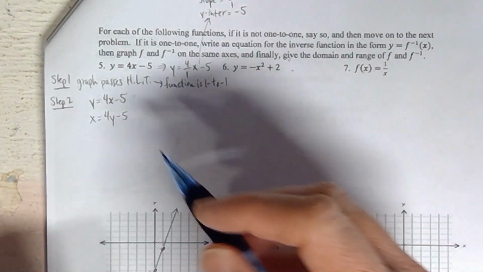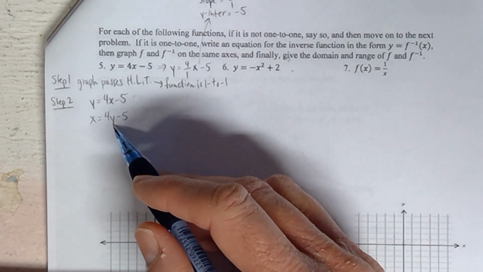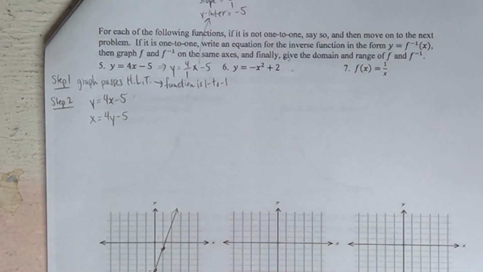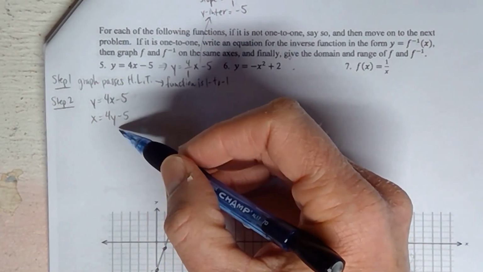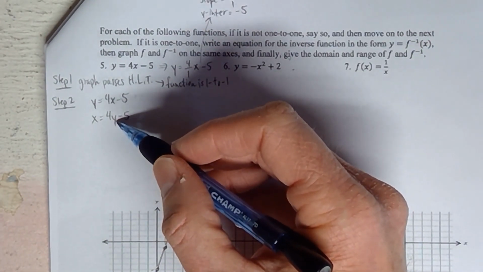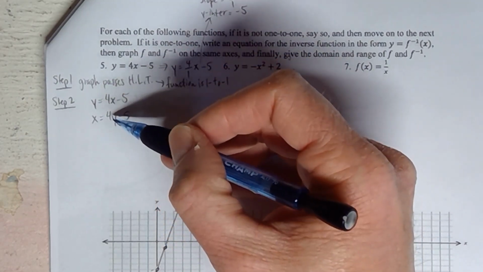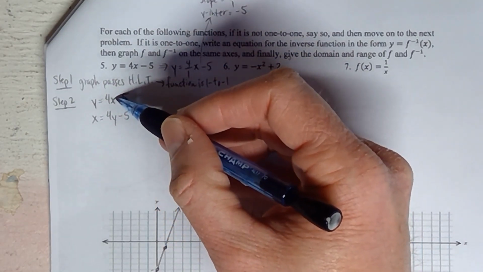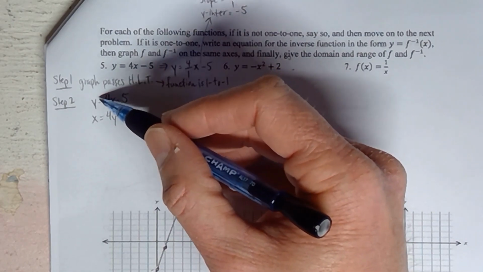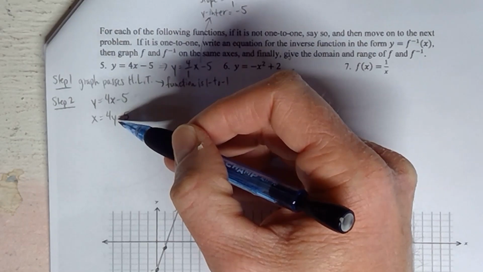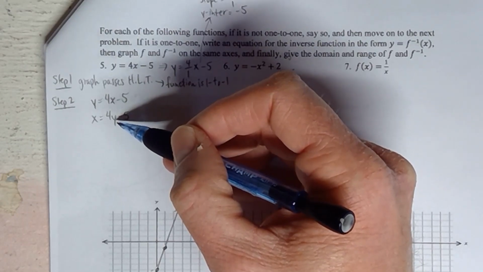In this problem, we need to get the y by itself. And let me make that absolutely clear. After you interchange the x and the y, you then need to get the new y, which is not the same as the old y, because the new y is the same as the old x. So there's the old y, but then the old x is what becomes the new y. All right?